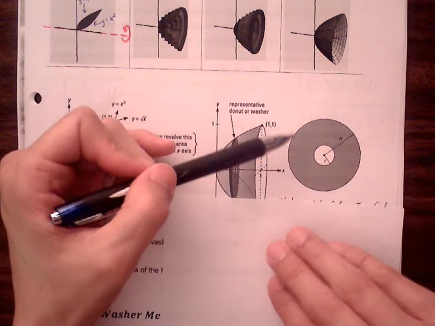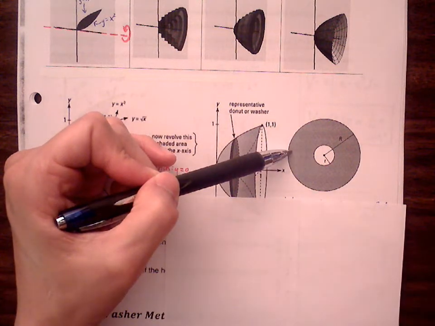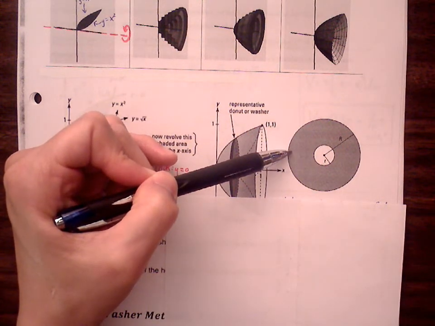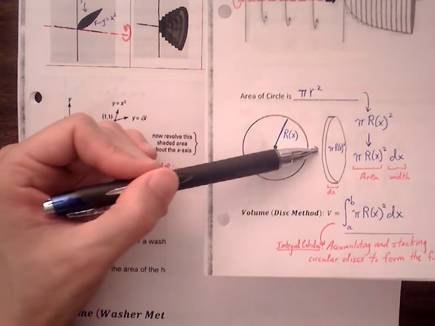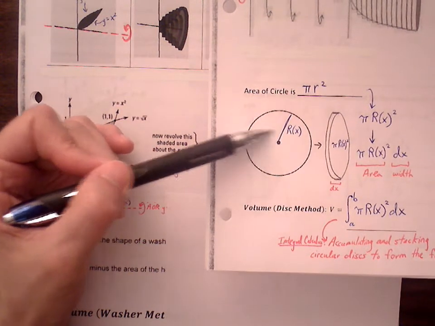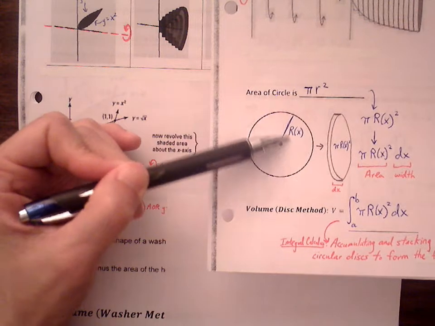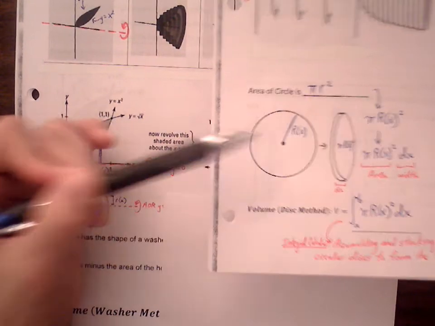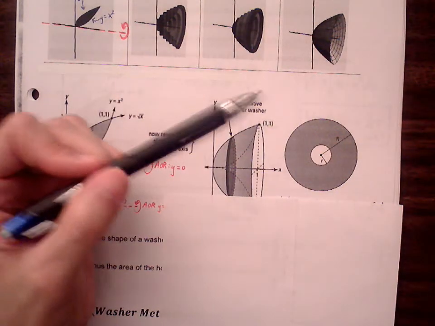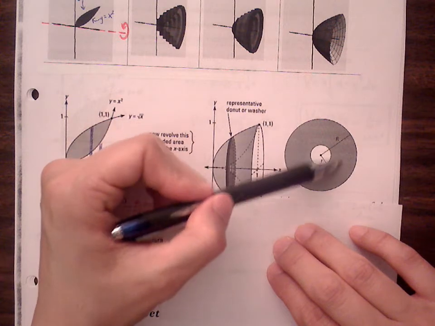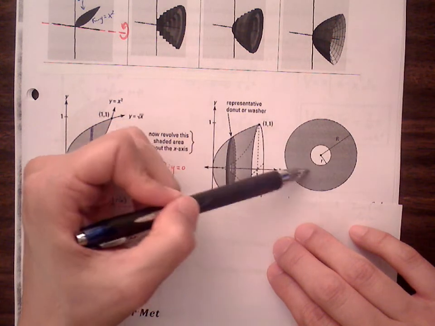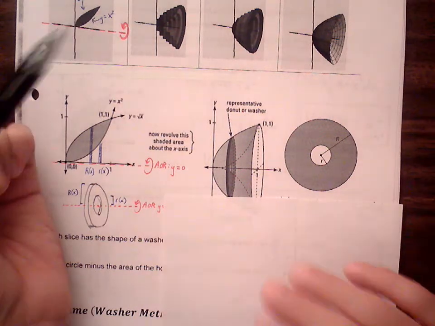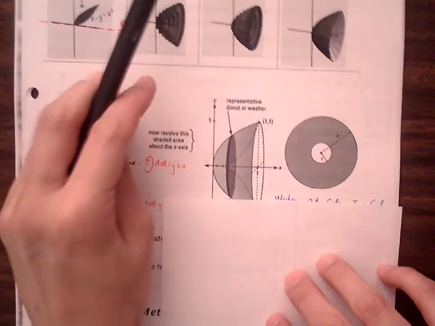Now, if I asked you what the area of a circle was, you would just say pi r squared, right? But what if it was a ring-shaped object with the circular center cut out? If we were to find the area of this shaded region, you would still involve the area of a circle, but the area of one circle is not going to be enough, right?